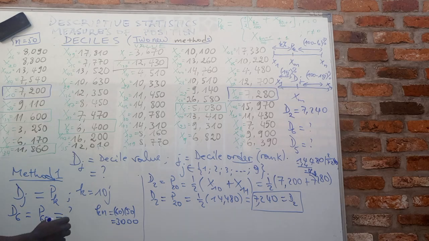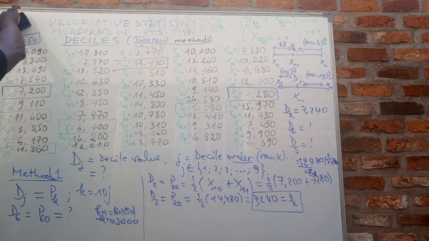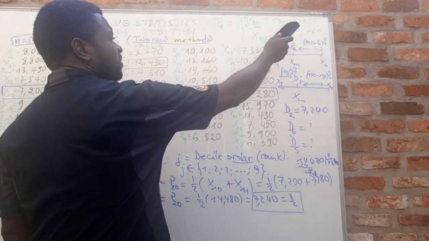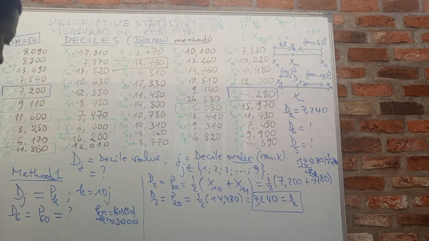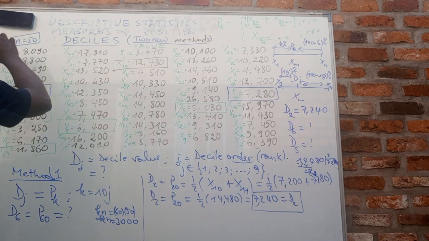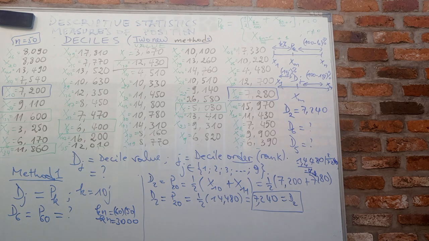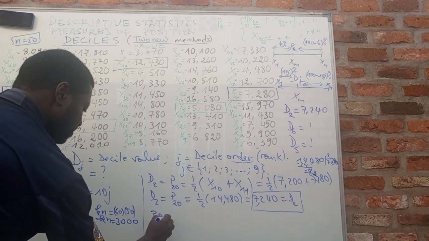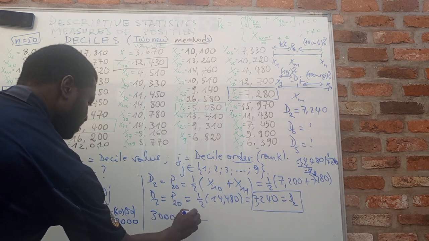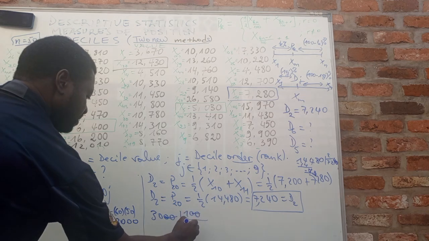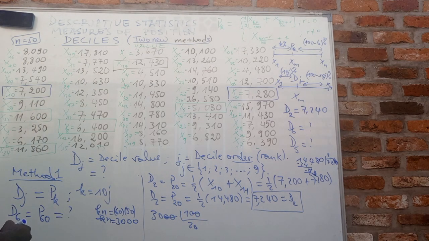Now K times N is 3,000. I'm going to check the remainder when I divide by 100, so the remainder is 0. As the remainder is equal to 0, 3,000 divided by 100 is 30.